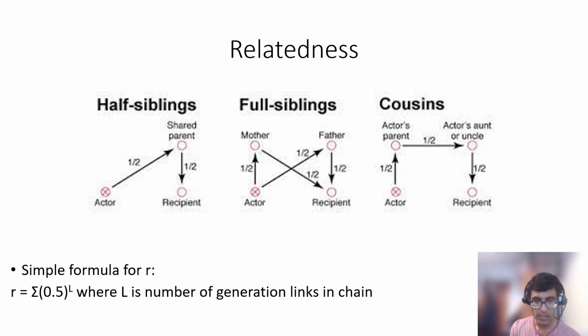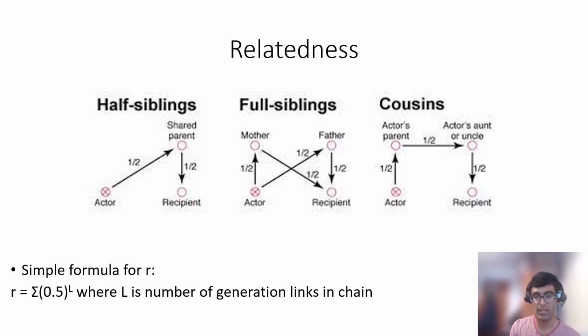For full siblings, you do the same thing, a half times a half to get a quarter, but there are 2 parents in common, so you need to add the other parent. So with the father, it's a half times a half to make a quarter, and with the mother, it's a half times a half to make a quarter, together a half. For cousins, we again look at the actor's relatedness to one of its parents, because you either have a cousin on your father's side or your mother's side.